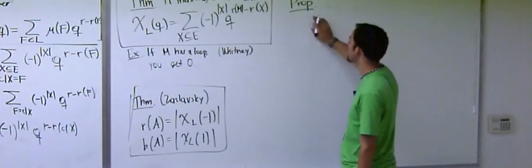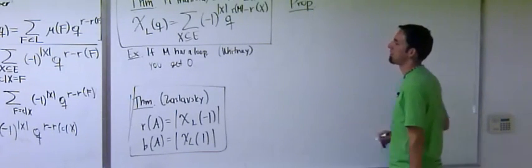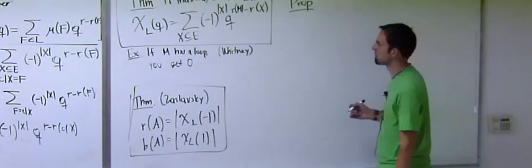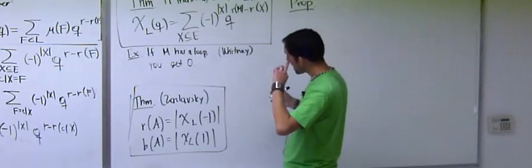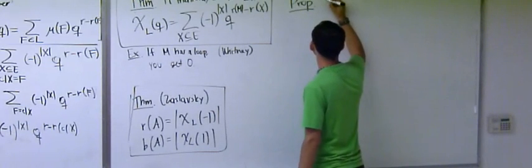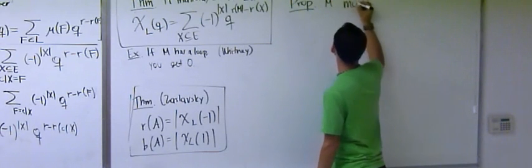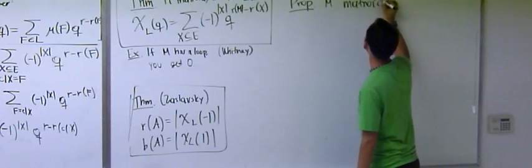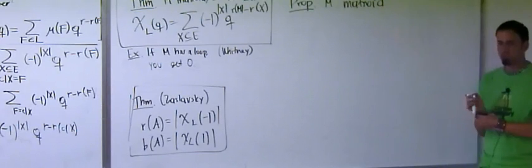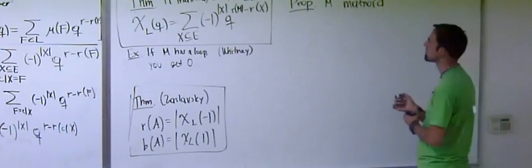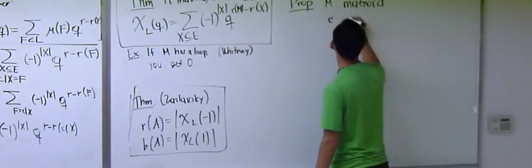Okay. So proposition. Let's say that you have a matroid, and you want the characteristic polynomial. You take an element.